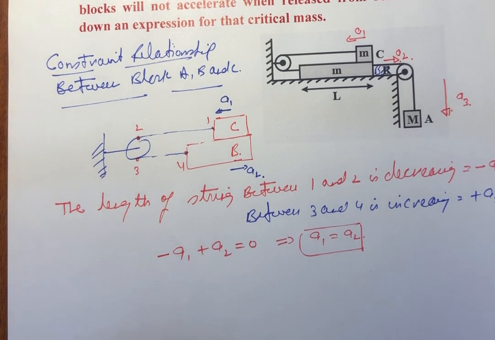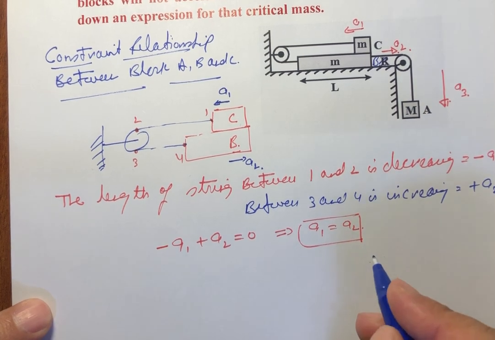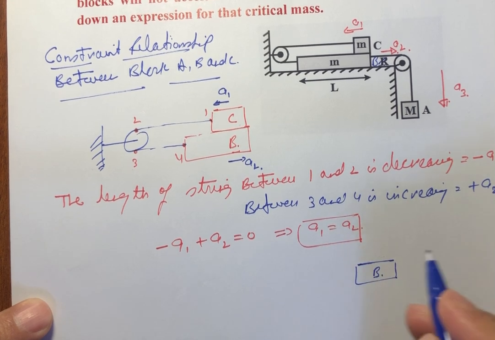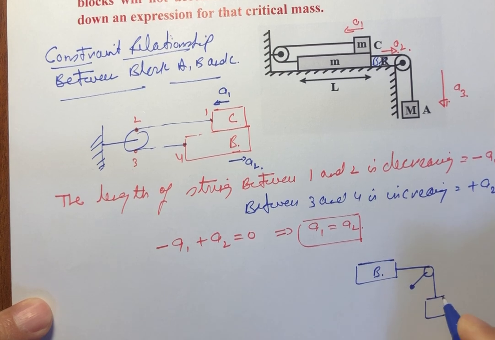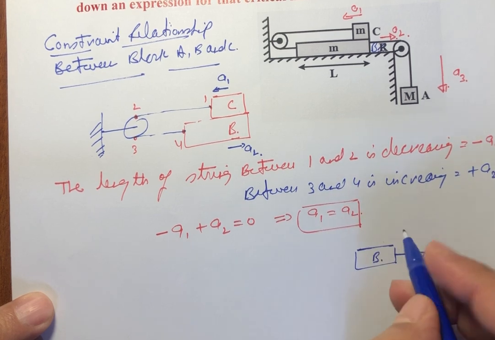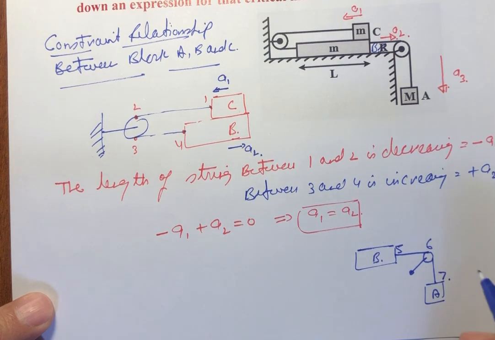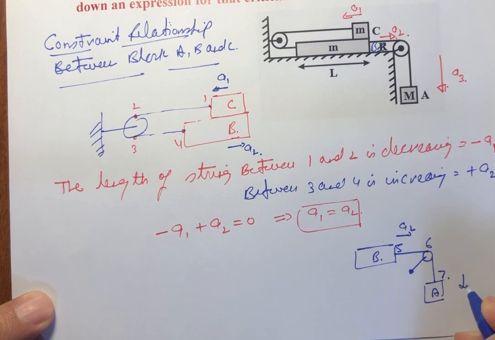Similarly, we can find the relationship between B and A. So we have our B, and it is connected through a pulley like this, and we have this is our A. Let us call these points 5, 6 and 7. So B is moving with the acceleration of A2 and A is moving with the acceleration of A3.